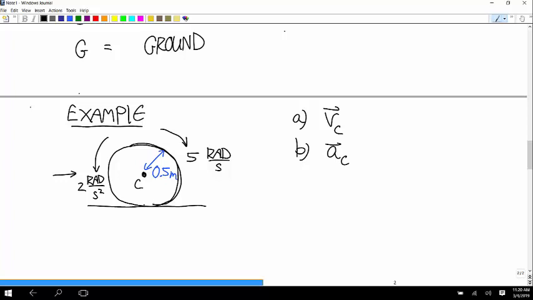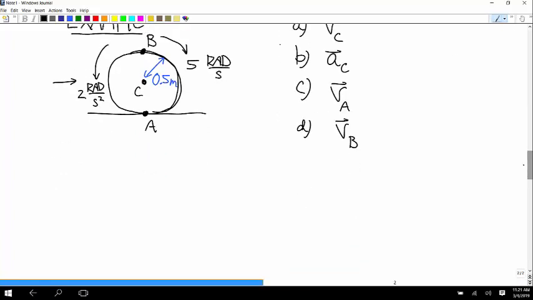I'm going to call the point that's in contact with the surface A, and the point at the top B. So let's calculate the velocity of the point A and the velocity of the point B. And then as the last one, let's calculate the acceleration of the point A.